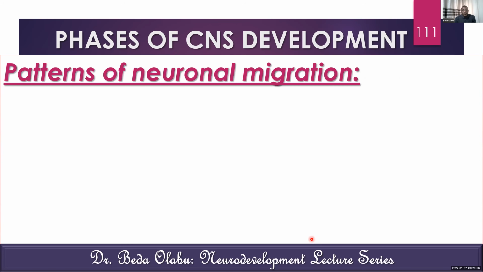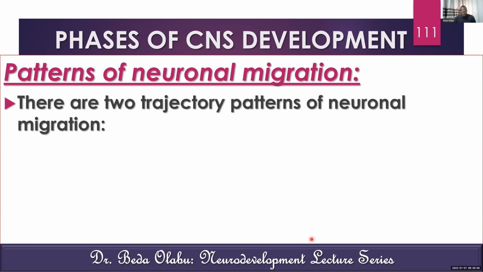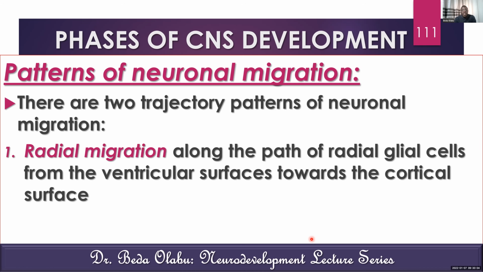All right, there are two patterns of neuronal migration. We have what we call radial migration, which is what we've largely talked about. This is where neurons migrate along the path of radial glial cells, directly from the ventricular surface to the cortical surface.